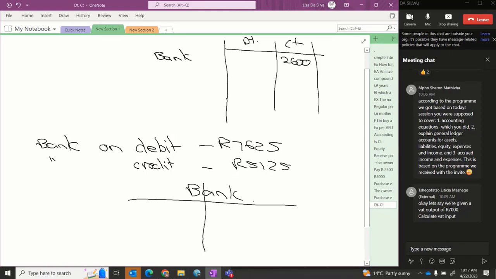You start with your bank account. Okay, they said there's a balance of 2,600. But actually, according to the auditor, here on the debit side, there's a total of 7,625, and actually the credit side is 5,125.